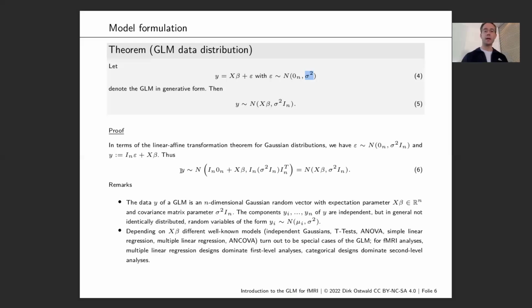The data then are not independent anymore because there is some regularity that comes in here. But they are multivariate normally distributed and have as expectation the design matrix times beta.